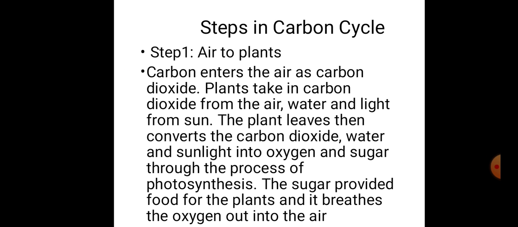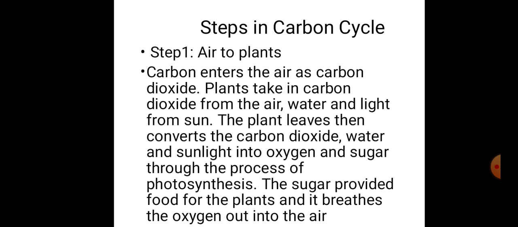Steps in the carbon cycle. Step one is from air to plants. Air is a mixture of gases, and air contains carbon dioxide. Carbon enters the air as carbon dioxide. Plants take in carbon dioxide from the air, water, and light from the sun.